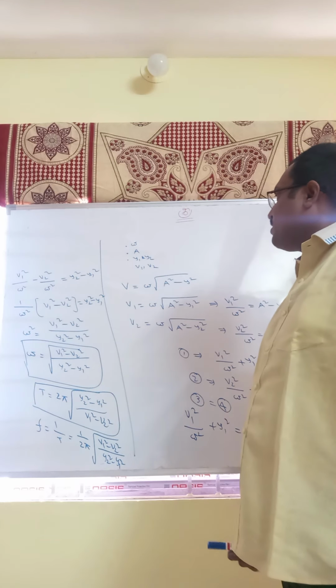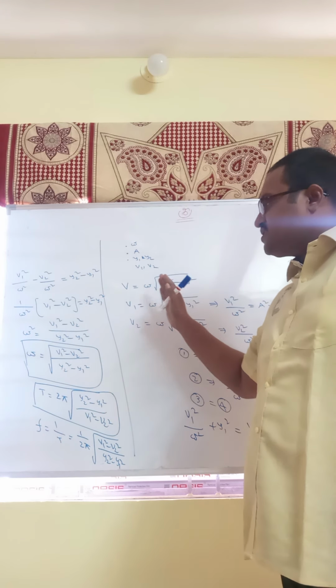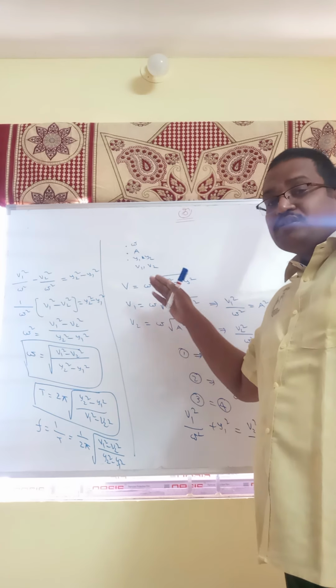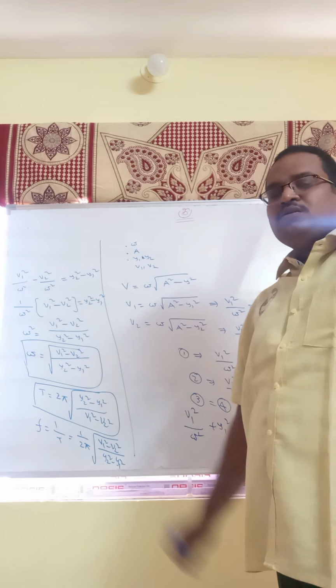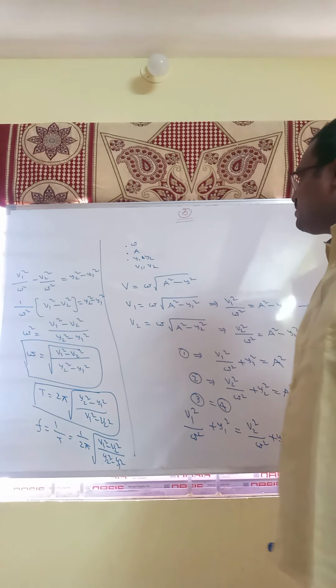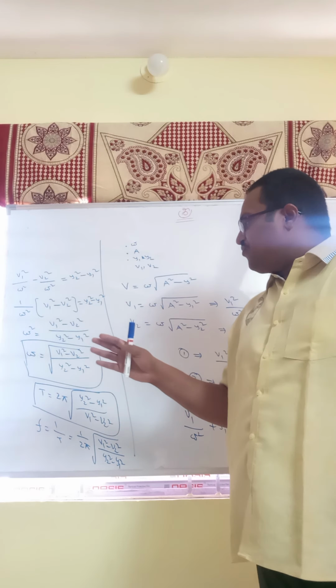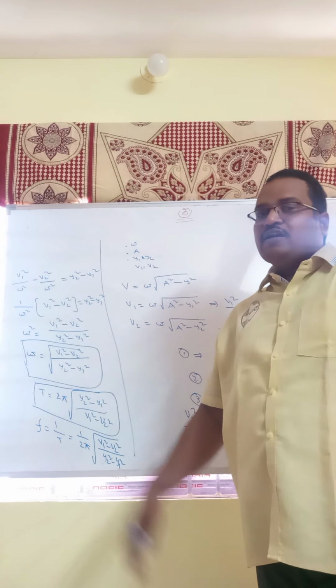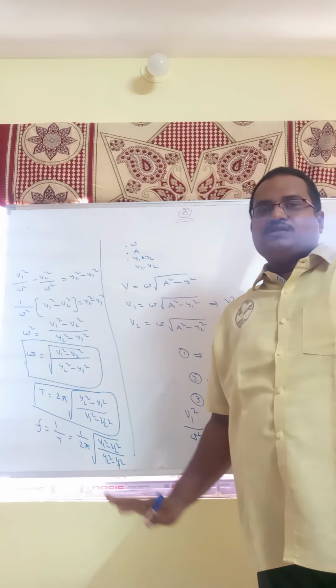In this case, we have to find its angular velocity, its time period and its frequency. Generally, in problems where two different velocities and two different displacements are given, we can find the time period and frequency directly by using these formulas.